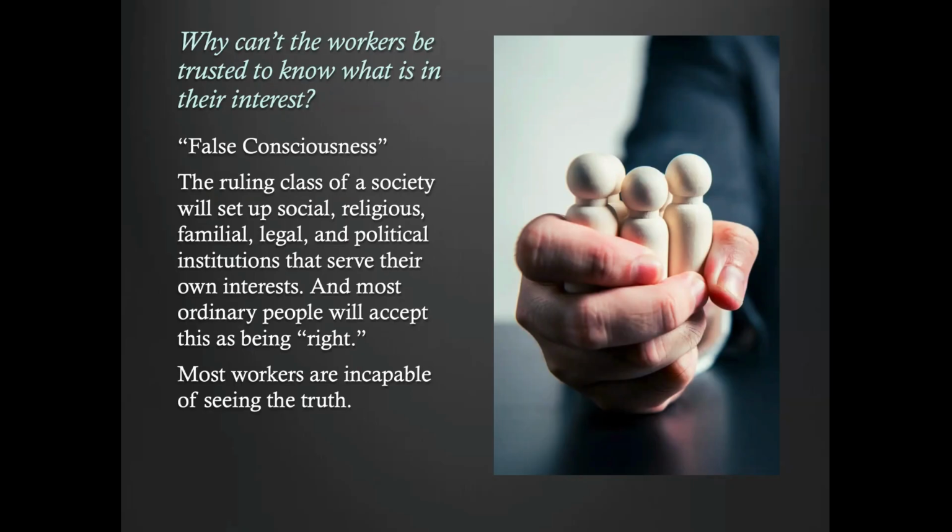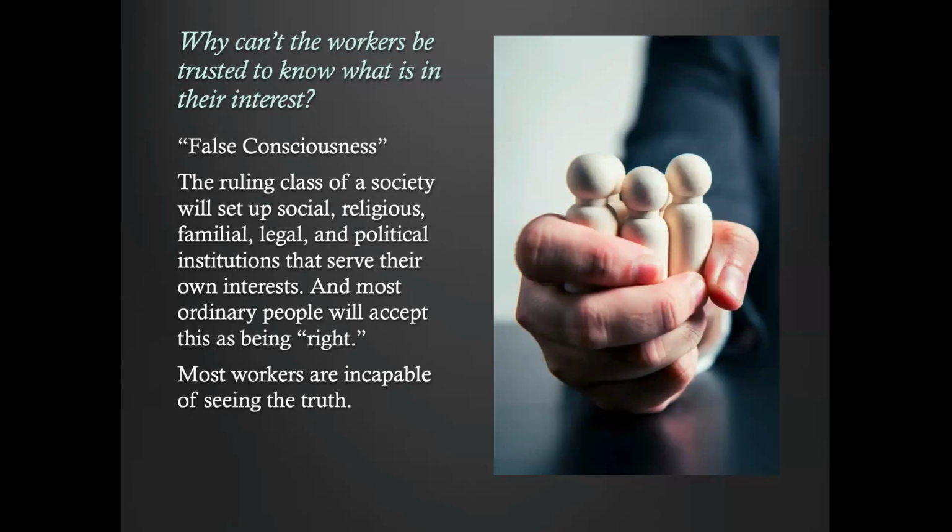And most ordinary people will accept this as being right. This is normal. So we don't think about the cultural hegemony from within the society within which we live. Okay, so we're surrounded by these institutions, and ideas that we take as being normal, in fact, may simply be a pretext for a type of oppression.